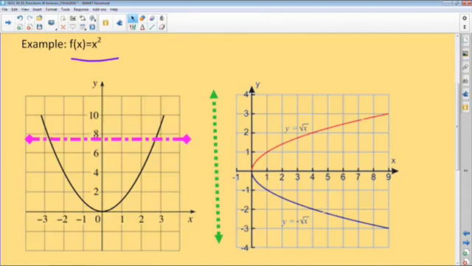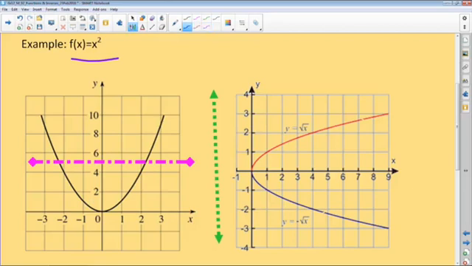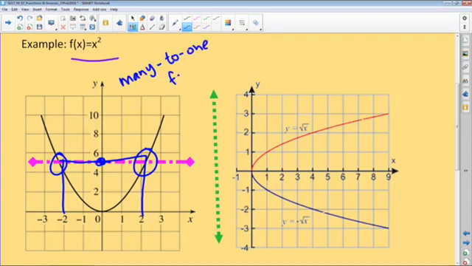If this horizontal line touches the curve at more than one point, as you can see it's touching the parabola at 2 points, there and there, that means there are many different x values that correspond to one y value on the y-axis. So this is called a many-to-one function.